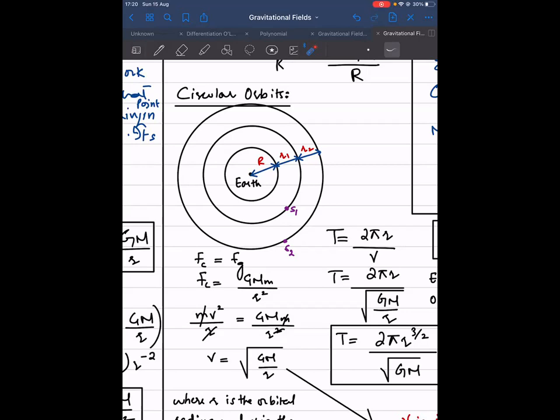We have orbits around the Earth, within its gravitational field, and the satellites move in those circular orbits. For moving in any of the circular orbits, the satellite must be launched at some speed, only then it will be able to move in that circular orbit.